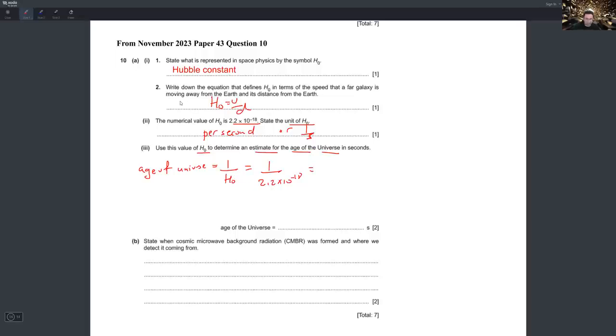It comes out as 4.55 times 10 to the power of 17. Next. This is to 3 significant figures, so I just rounded it.